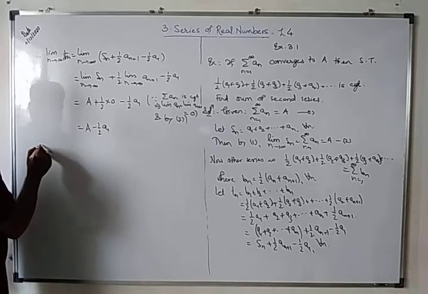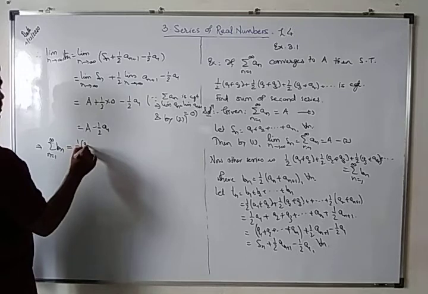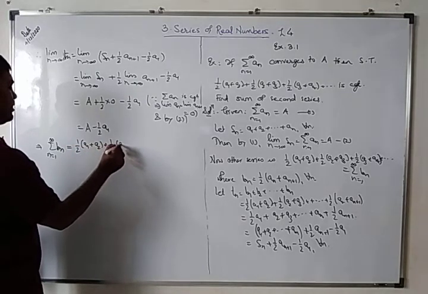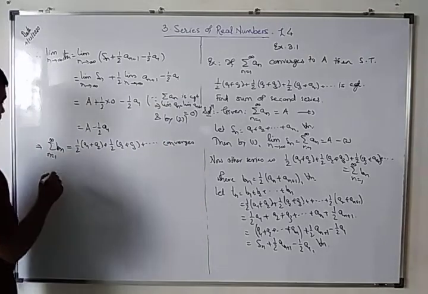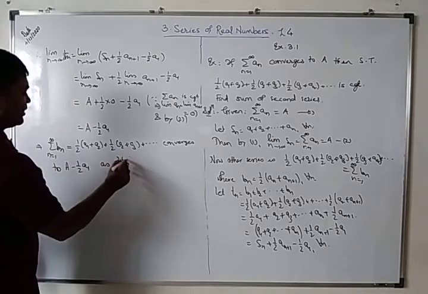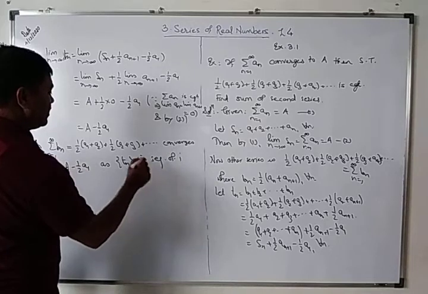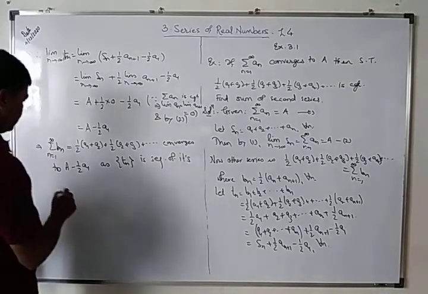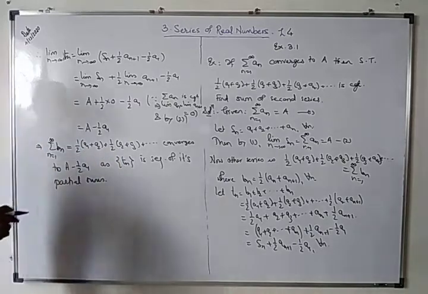This implies summation of b_n, n equal to 1 to infinity, which is half (a1 plus a2) plus half times (a2 plus a3) plus dot dot, converges to a minus half a1, as T_n, its sequence of partial sums, is converging to a minus half a1.